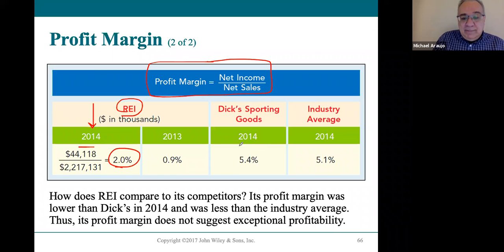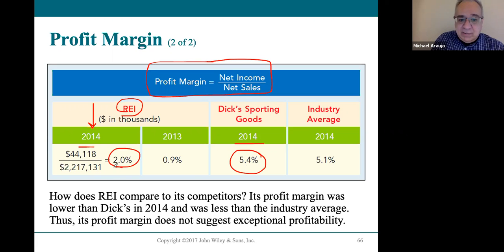How's Dick's doing? Well, as you see, much better. Dick's Sporting Goods keeps 5.4% of every sales dollar as a profit. So that's roughly a little over 5 cents out of every dollar that the customer gives them that is going to end up on their bottom line as a profit.